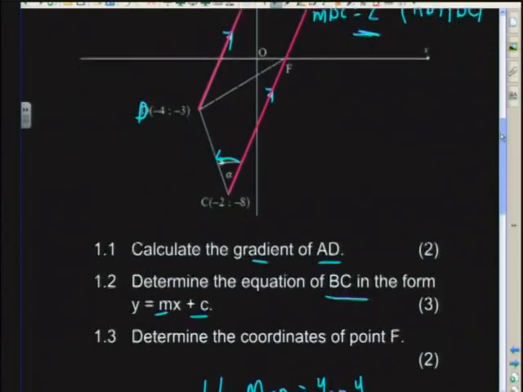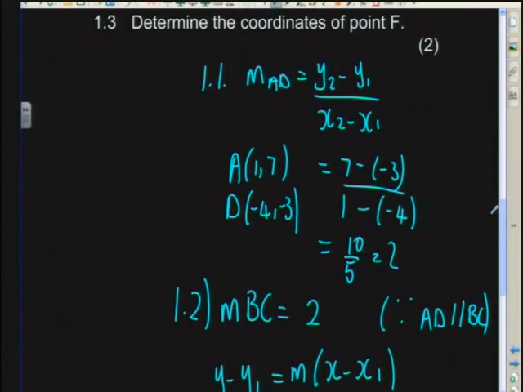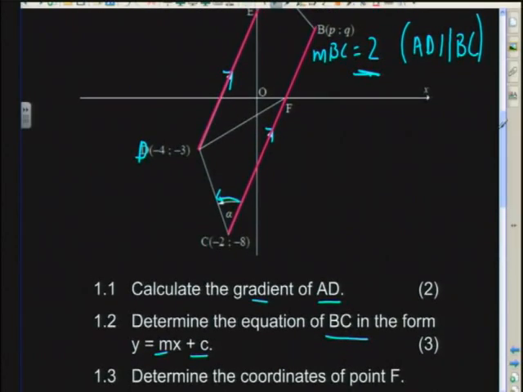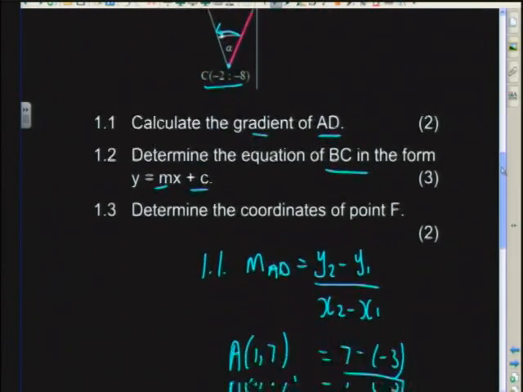Now remember, in order to use that, we need one point on the line. We don't know the coordinates of B, but we do know the coordinates of C are -2 and -8. So that's what we will use to work out the equation of BC.